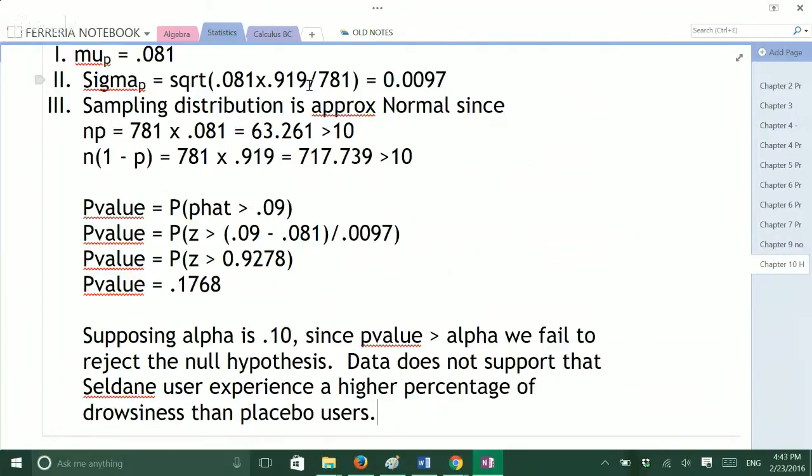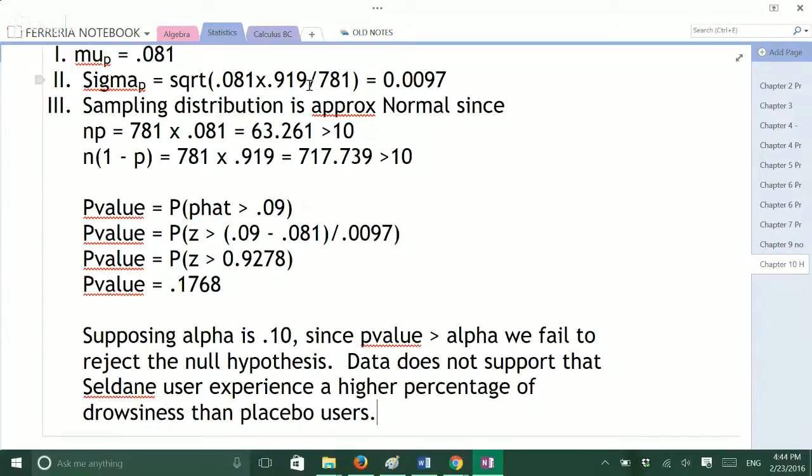So the p-value is the chance of our test statistic occurring, or technically, our test statistic or something more extreme.